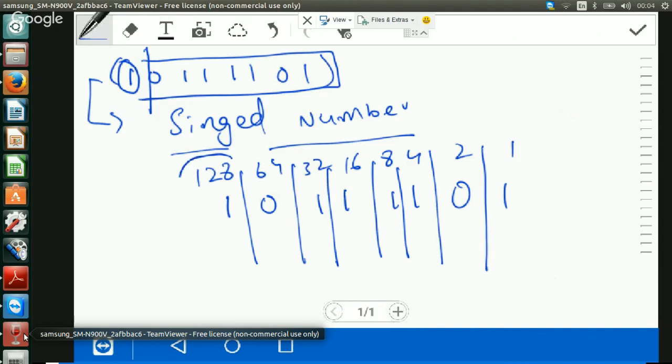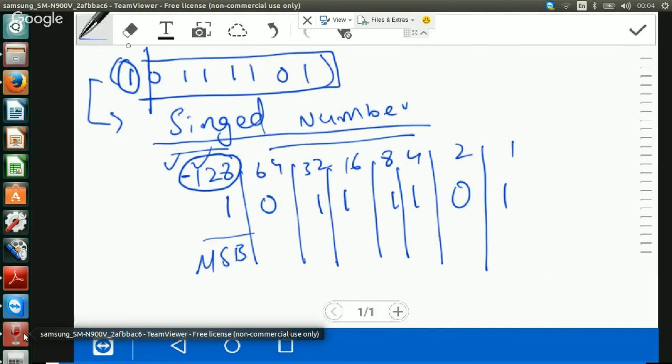Now this 128 is minus, because this is a signed number. So the MSB, the most significant bit, the leftmost bit, will represent this, and it will get the minus.